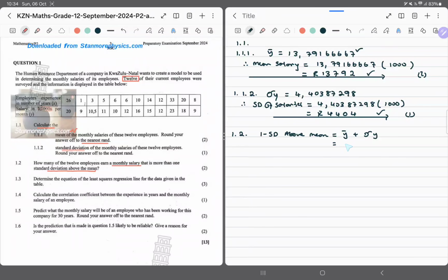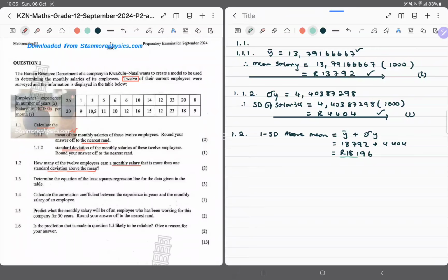So this is 13,792 plus 4,404. Now what is that? 13,792 plus 4,404 rands gives us 18,196 rands.